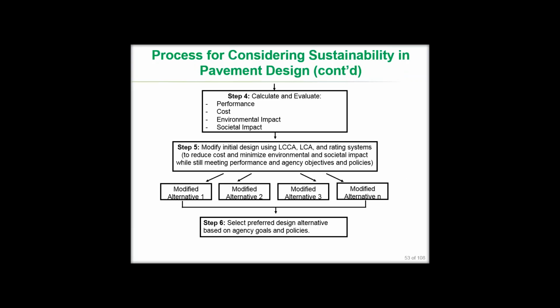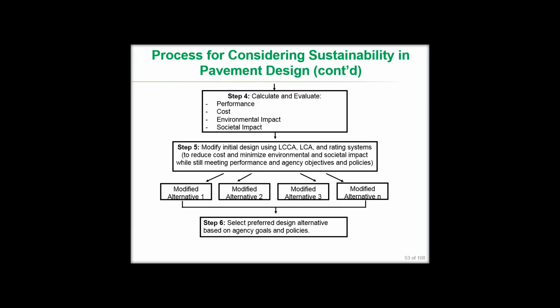The next step is to calculate and evaluate the performance, and from the performance, the cost and the environmental impact, and from those and from construction work zone considerations, the societal impact. And then based on that, we can modify those initial designs based on the analysis of the cost and the environmental impacts using life cycle assessment and other types of rating systems to reduce the cost and minimize the environmental and societal impacts while meeting our agency performance objectives.